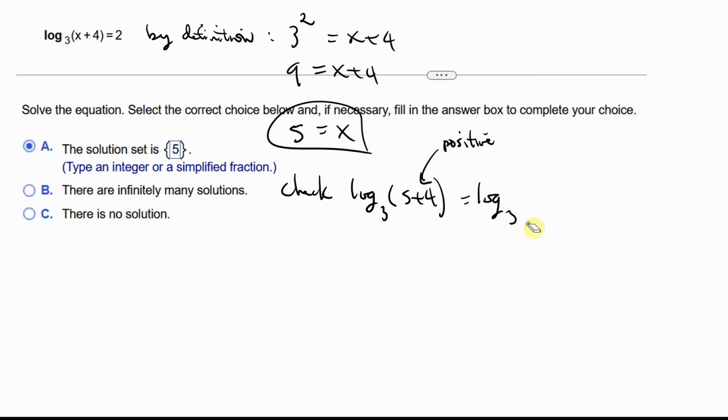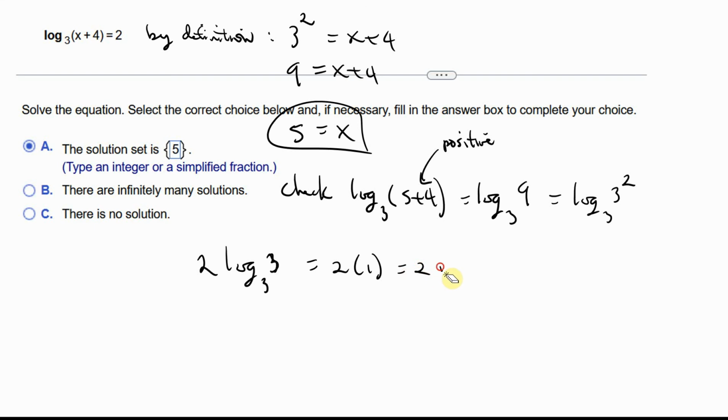Log base 3, this is 9, and this is log base 3, and this is 3 to the 2nd. So that gives us 2 times log base 3 of 3. Well, log base 3 of 3 is 1, so this is 2 times 1. We get 2. So it makes sense.